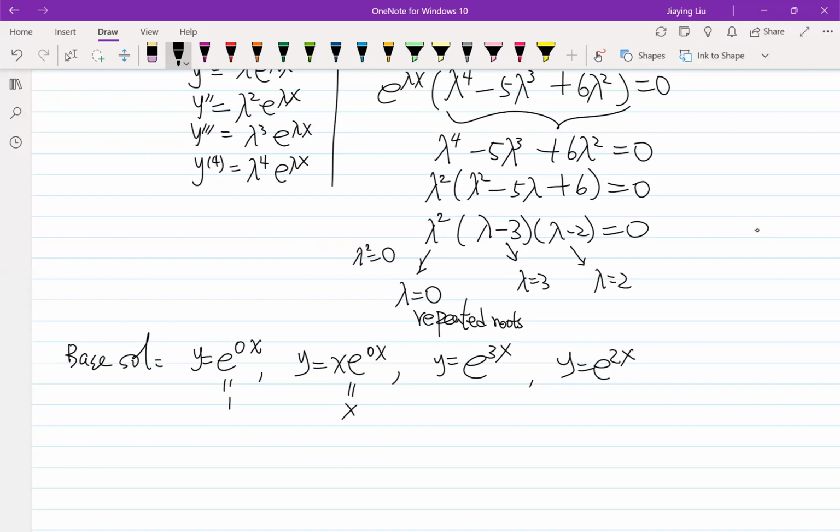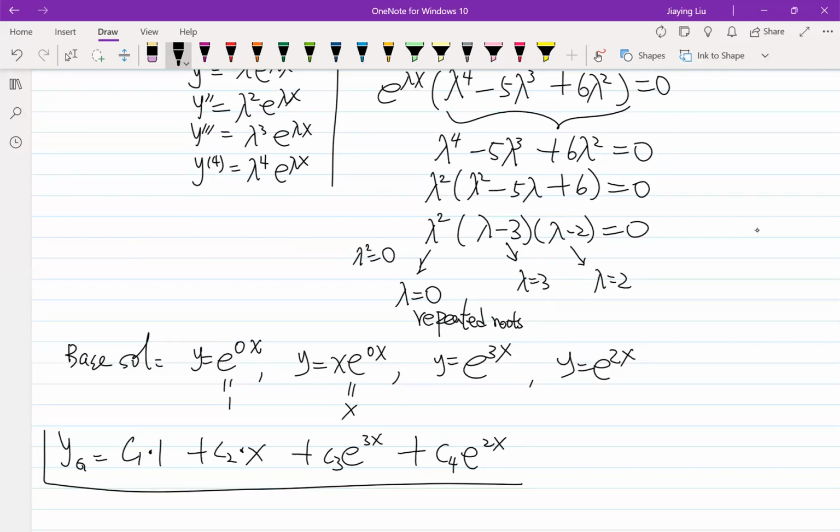The other 2 stay the way they are. Then the general solution is going to be C1 times 1 plus C2 times x plus C3 times e to the 3x plus C4 times e to the 2x. That will be my general solution to the differential equation.